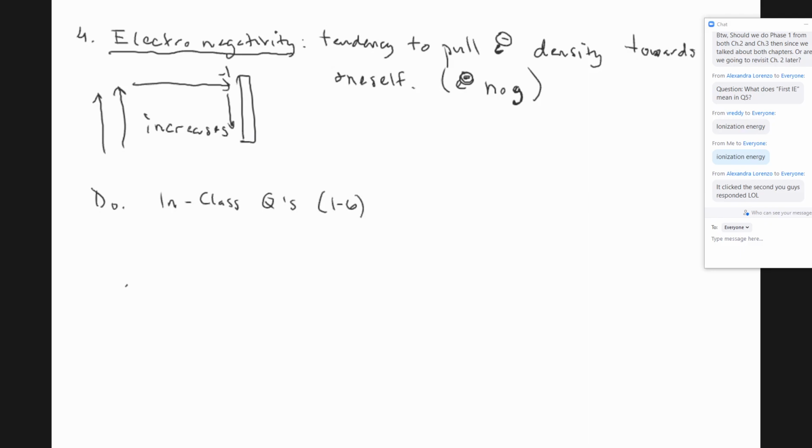First IE means first ionization energy, so the energy to remove the first electron. If it's second IE, then it's the energy to remove the second electron.